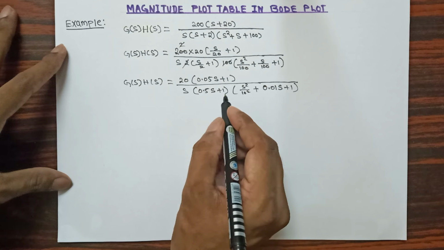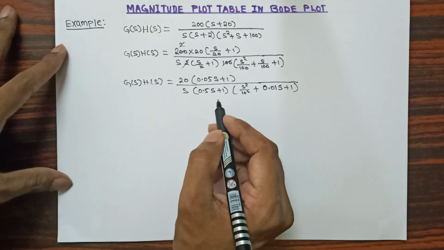So now this open loop transfer function is in standard form.